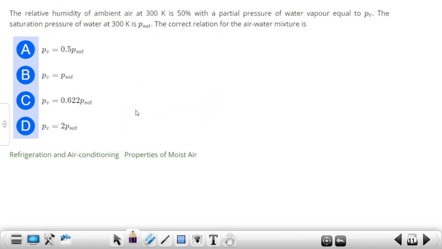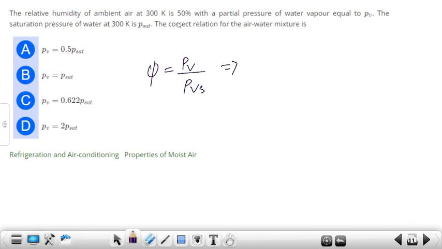Next question. The relative humidity of ambient air at 300 Kelvin is 50% with partial pressure of water vapor equal to PV. The saturation pressure of water at 300 Kelvin is P saturation. The correct relation for the air water mixture is: we know relative humidity phi is equal to PV divided by P saturation.